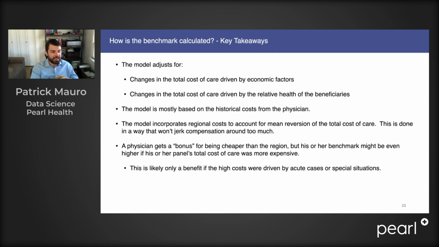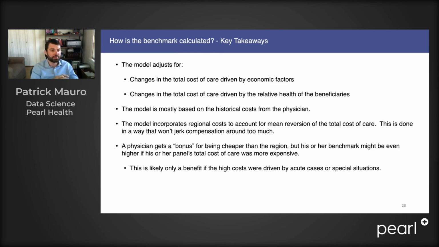So that is true, but that is likely only a benefit if you are really sure that those costs are driven by acute cases or special situations. In general, we do believe that providers that have a lower total cost of care than the prevailing costs in the region are going to reliably benefit more from direct contracting.